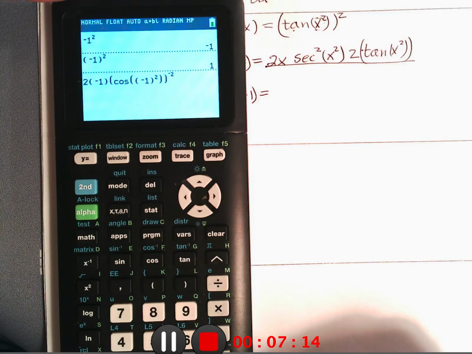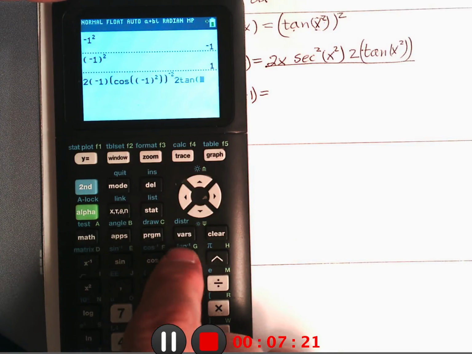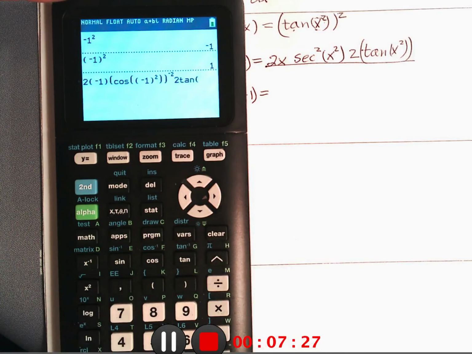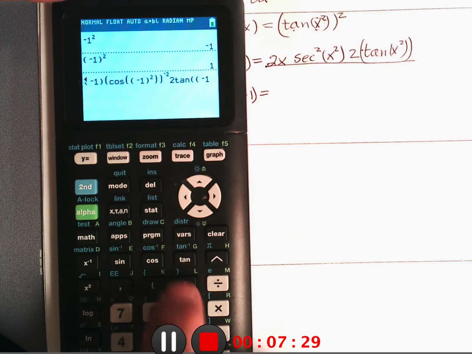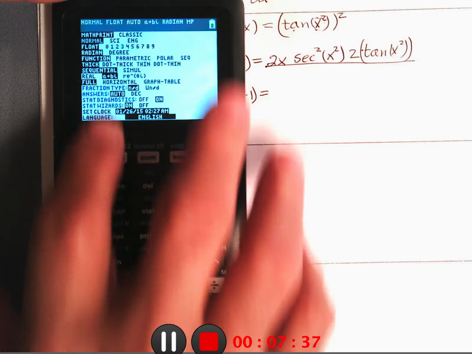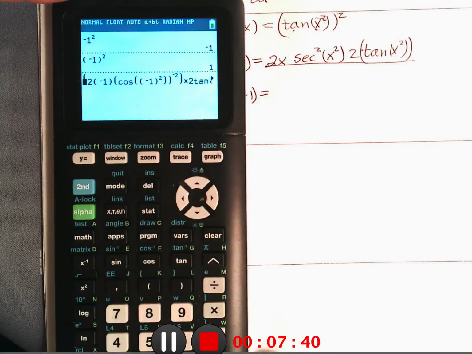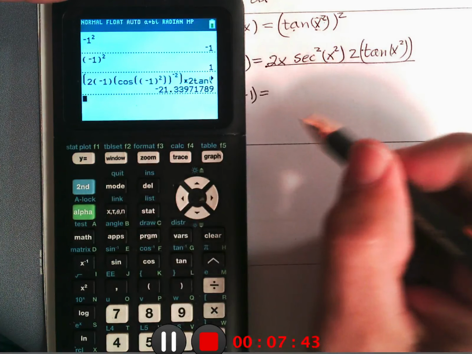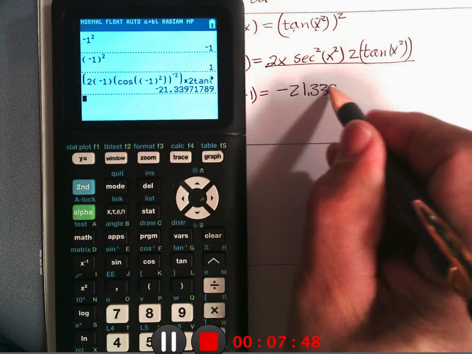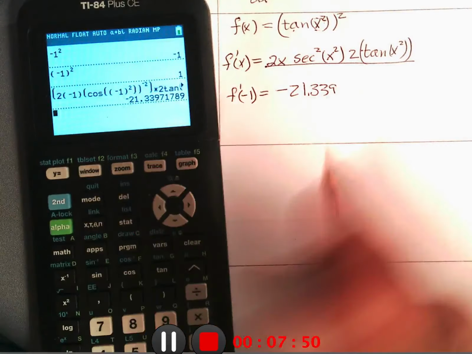And then I have times 2, and then I have tangent, and again I have a negative 1 squared, so I need to do a parenthesis to get the negative 1 attached to itself and square that, and then close the tangent. And if my mode is in radians, I should get the correct answer, which is negative 21.339. And so it's negative, so it must be decreasing.